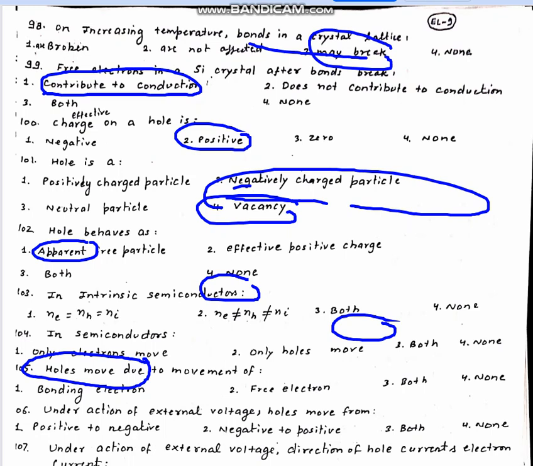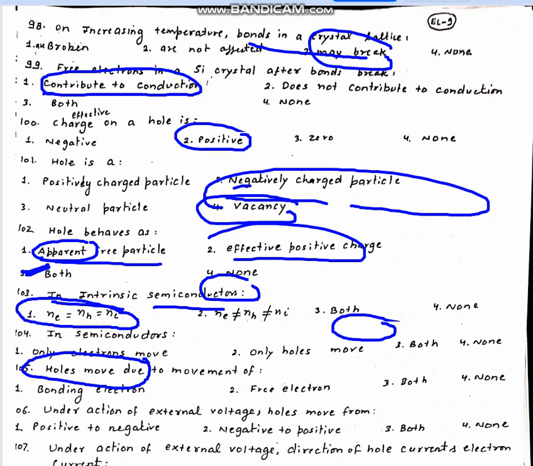Next is hole behaves as an apparent free particle with effective positive charge. So third is correct over here. Next is in intrinsic semiconductor, obviously number of electrons and holes are the same, so first is correct. Next is in semiconductors, only electrons move, only holes move, or both move.